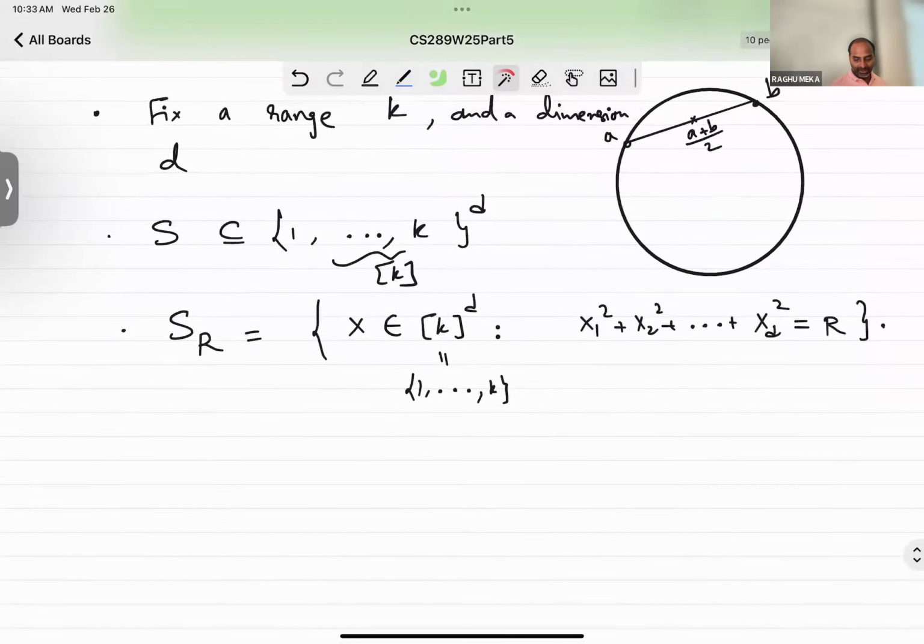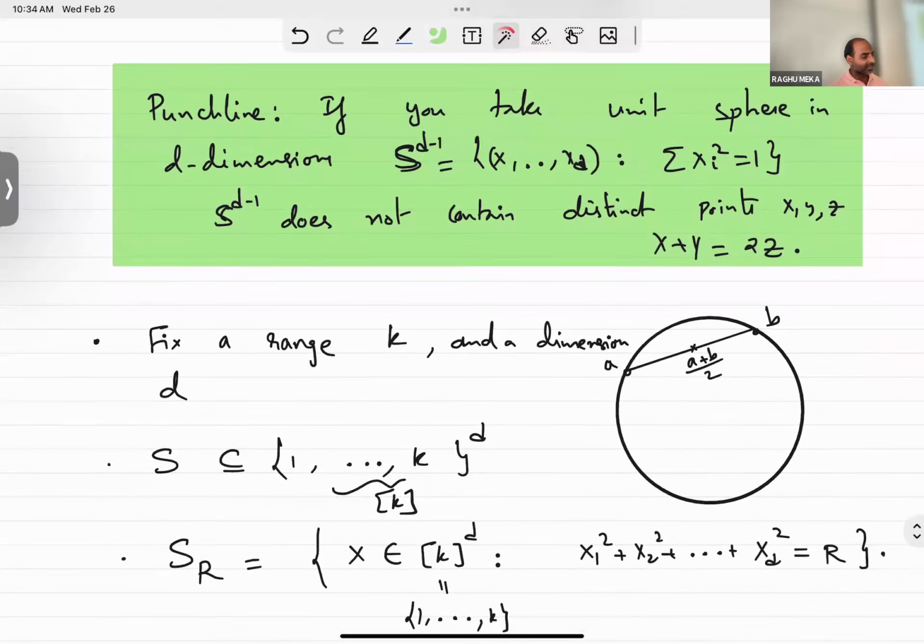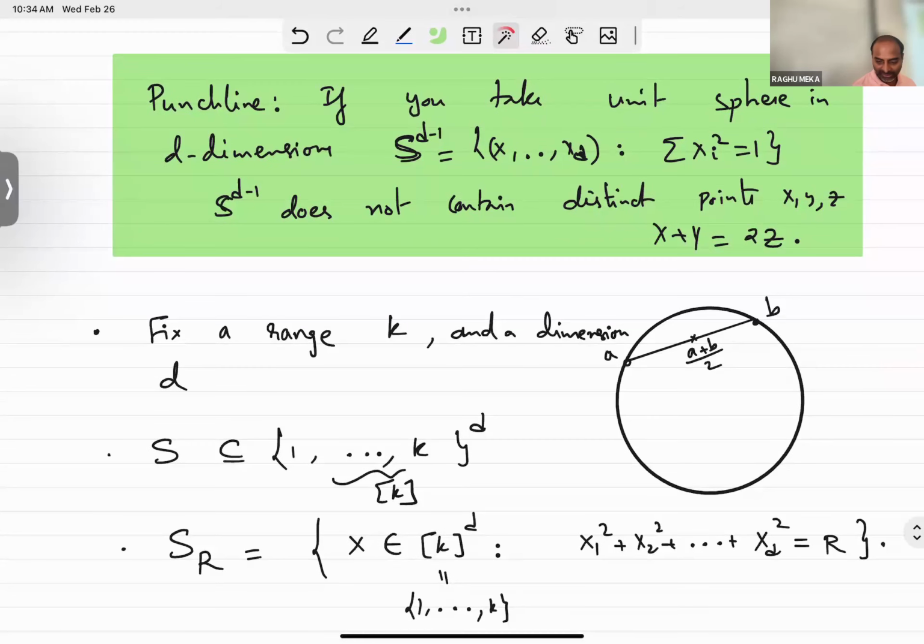And whatever is said here also holds if I replace this one with some other number. It's just scaling it up. Even if I say, look at all points which lie on the sphere of radius 1000, since they all lie on this same radius, you won't have solutions to x plus y equals 2z.